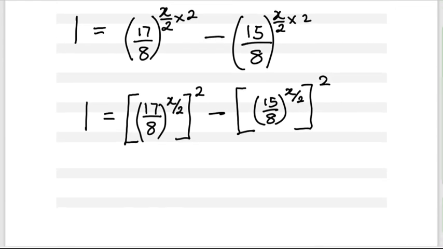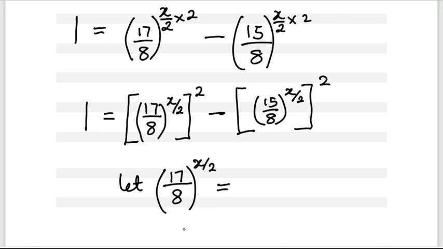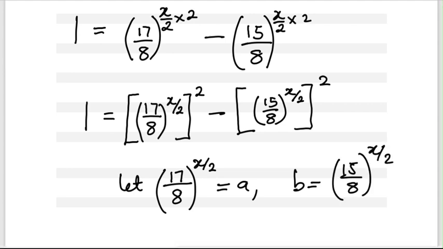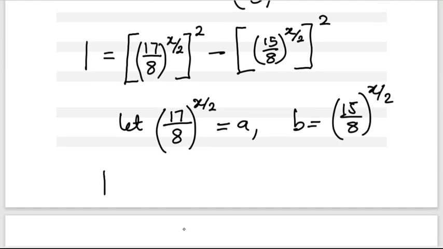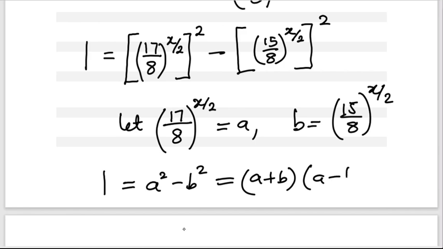And here we can easily say, let (17 over 8)^(x over 2) be equal to our a, and then let our b be (15 over 8)^(x over 2). So by so doing, we have that 1 is simply equal to a squared minus b squared, which is simply (a plus b) into (a minus b).